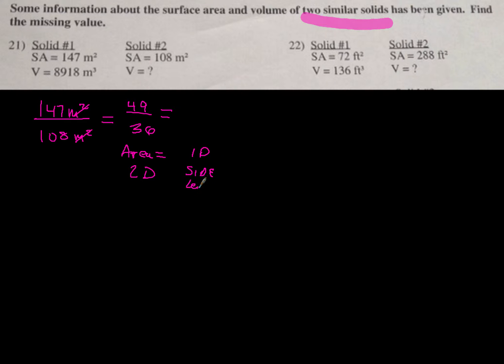I think we square root. Yep. So we're going to square root each one of these, and then we end up with 7 over 6. So that's the scale factor, right? That's the proportion of the big figure's sides to the little figure's.